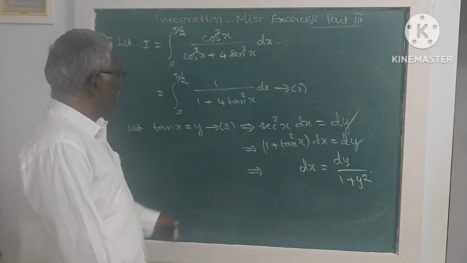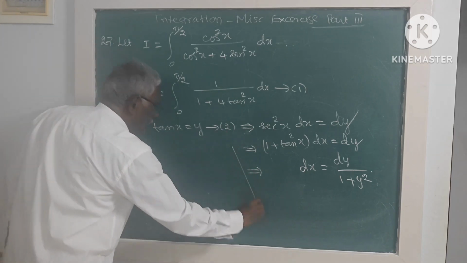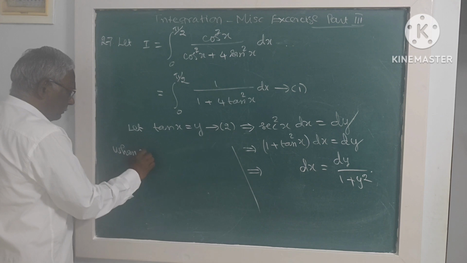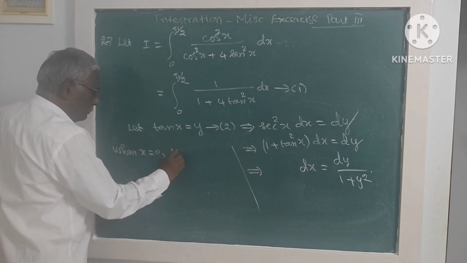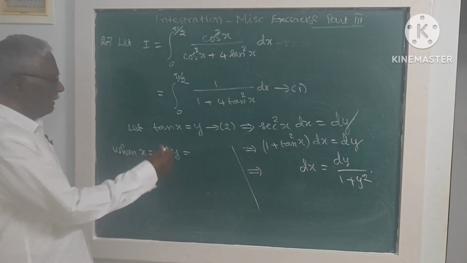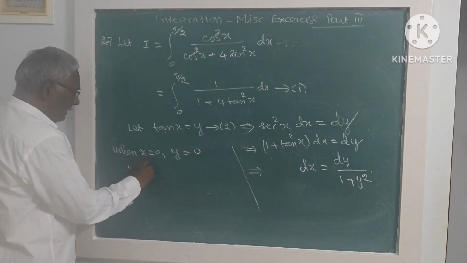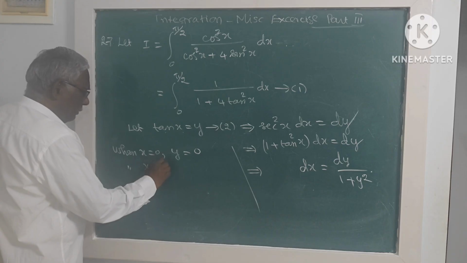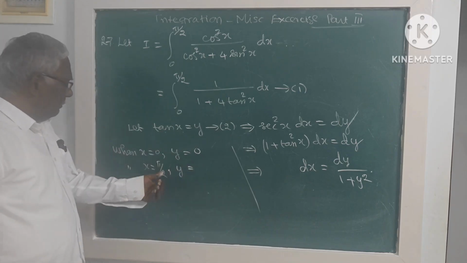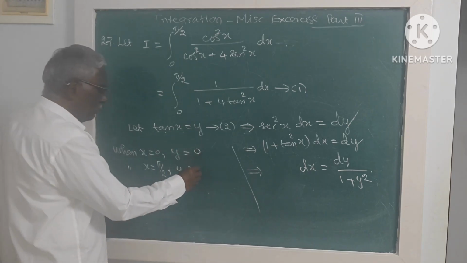Now we have to change the limit. When x is 0, tan 0 is 0, so that means y is 0. When x is pi by 2, that is 90 degrees, tan 90 is infinite. So y is equal to infinite.